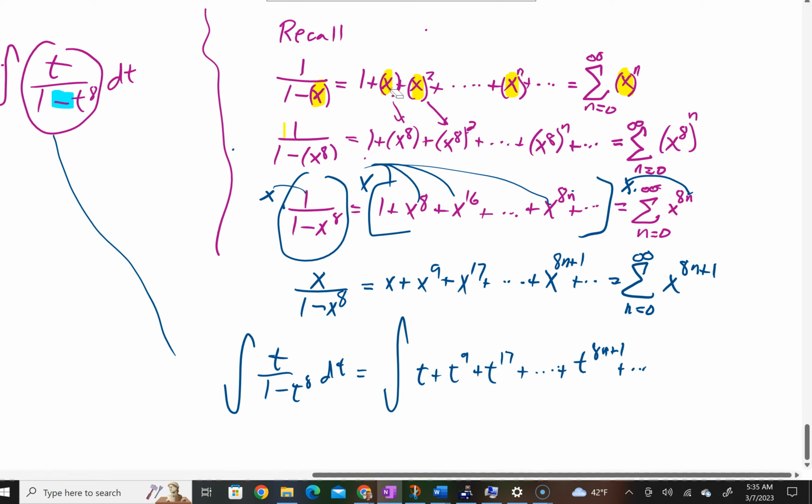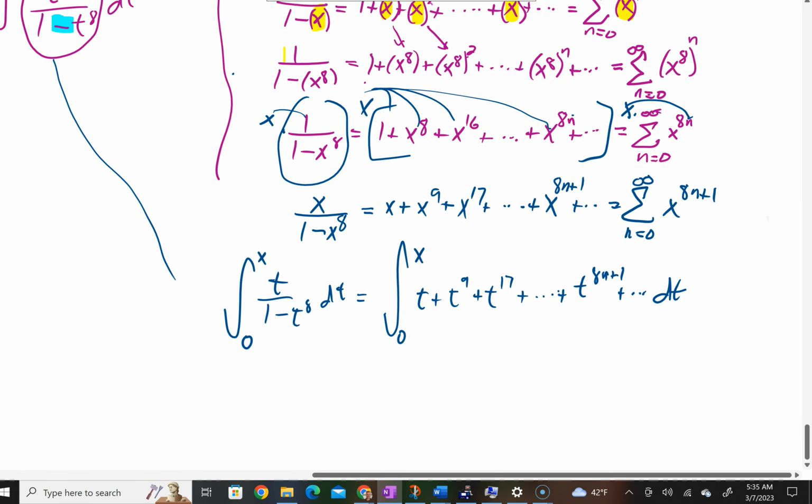Let's not even put sigma in there just yet. Our bounds, if you look in our notes, we're going to go from 0 to x.